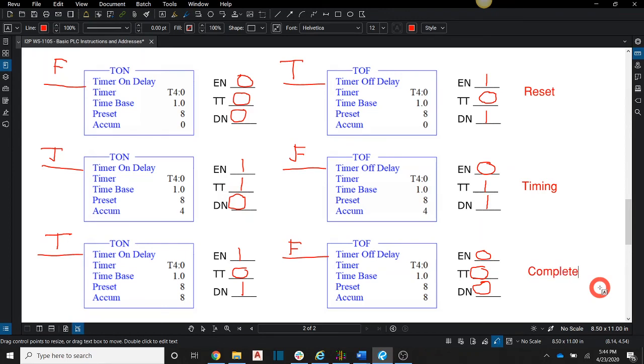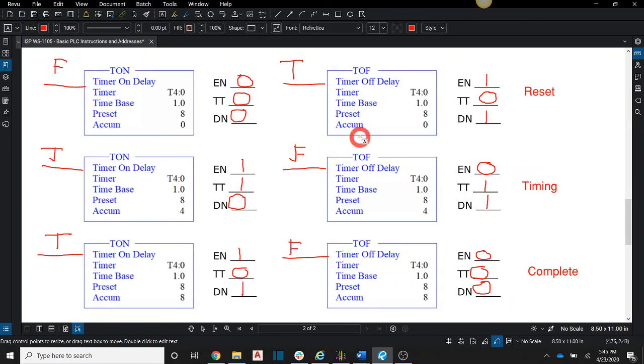And if you notice, complete is a much more accurate term, because I can't say done, because in done, this one is a 1 and that one's a 0. So it gets very confusing to the student. So those are our 3 states for a timer. It's either in reset, it's either in timing, or it's in complete. And those are the 3 states for non-retentive timers.